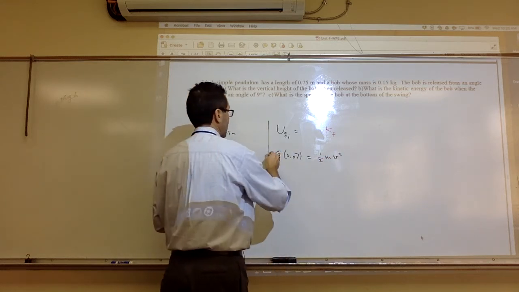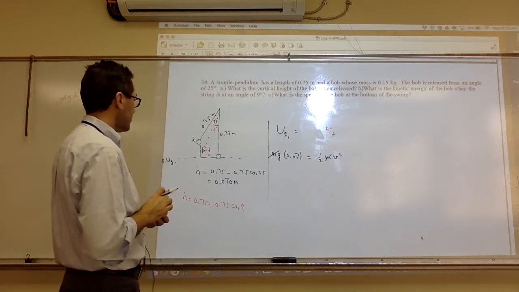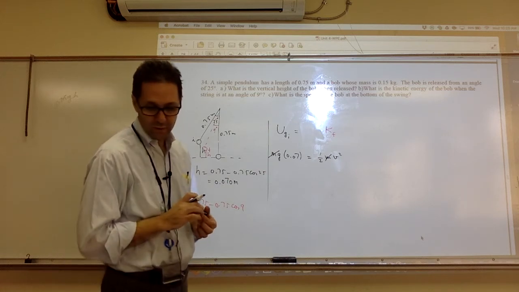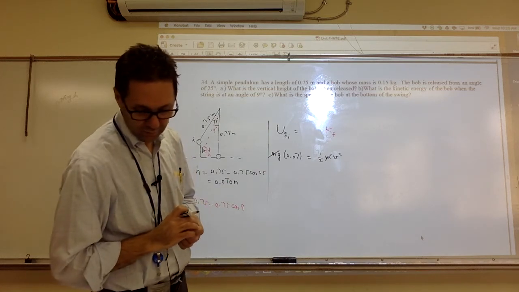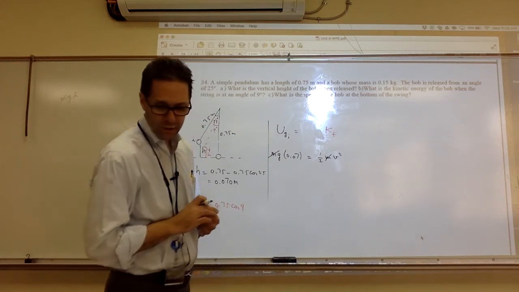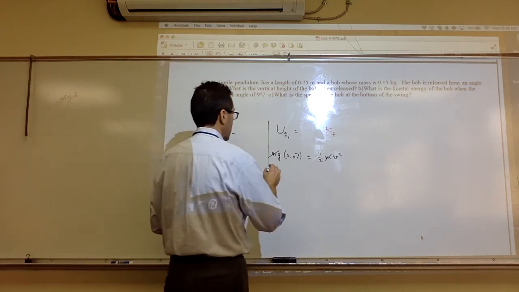So I think we can get rid of the mass. I don't think we use the mass at all for this whole thing. Each time we had it, we crossed it out. Actually, we only used it to find the difference in gravitational potential energy.